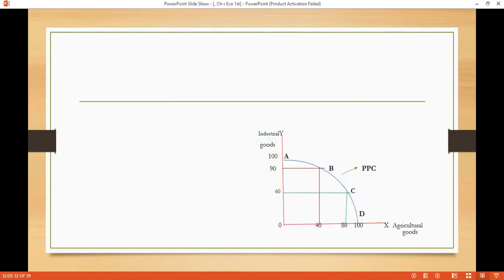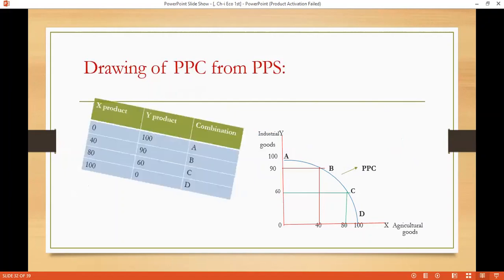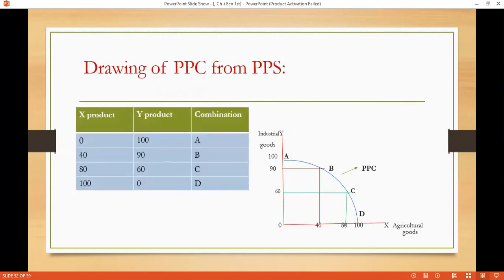Let us see. Drawing the PPC from the PPS, for that reason we have placed the previous slide's PPS here again. And on the right side there is a graph we see. This AD curve is a PPC curve. You see in the schedule there are X product and Y product.